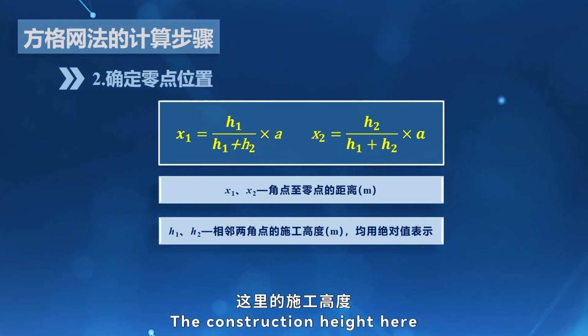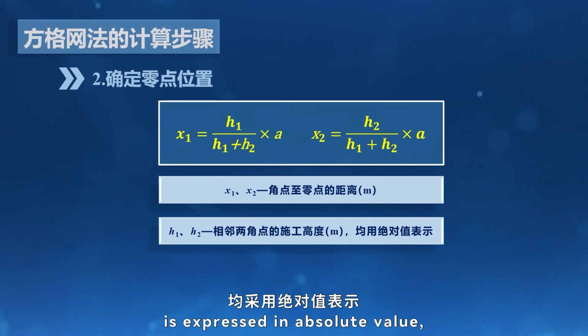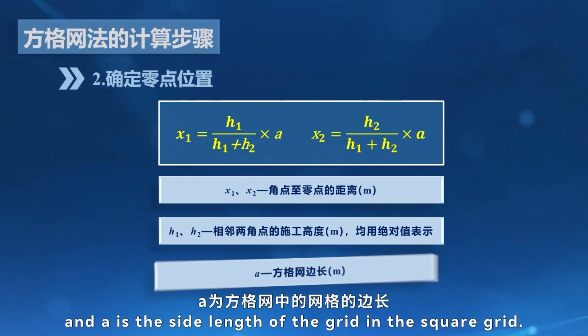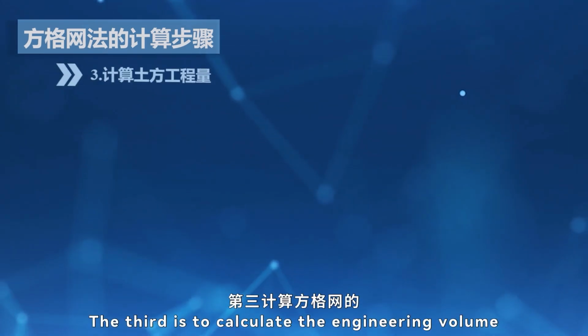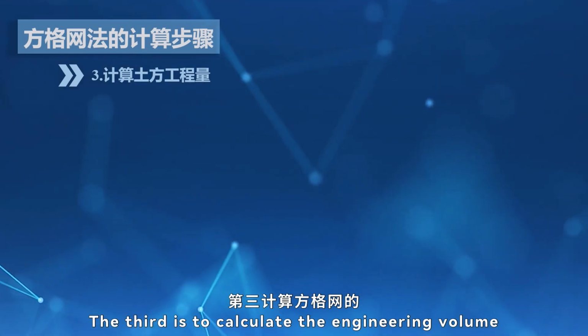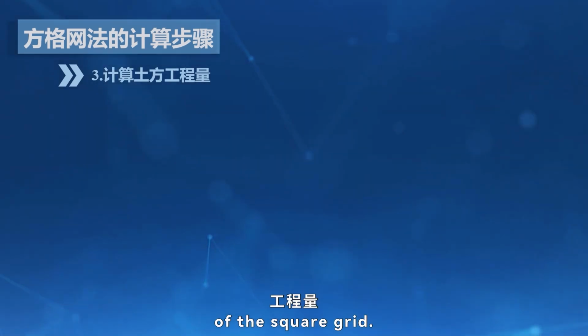The construction height here is expressed in absolute value, and a is the side length of the square grid.